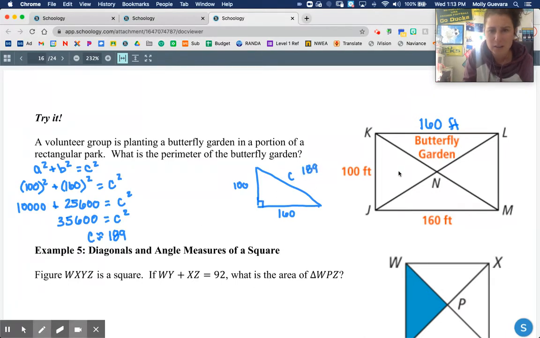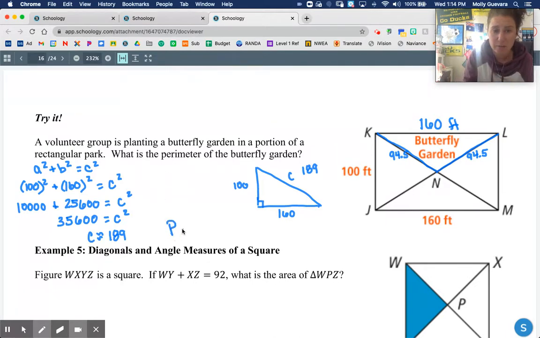But I don't want the whole length. I just want K to N. So I'm going to take 189 and divide by 2, which gets me 94.5. So if that's 94.5, then I know that this is also 94.5. And now I can find the perimeter of this garden, right?